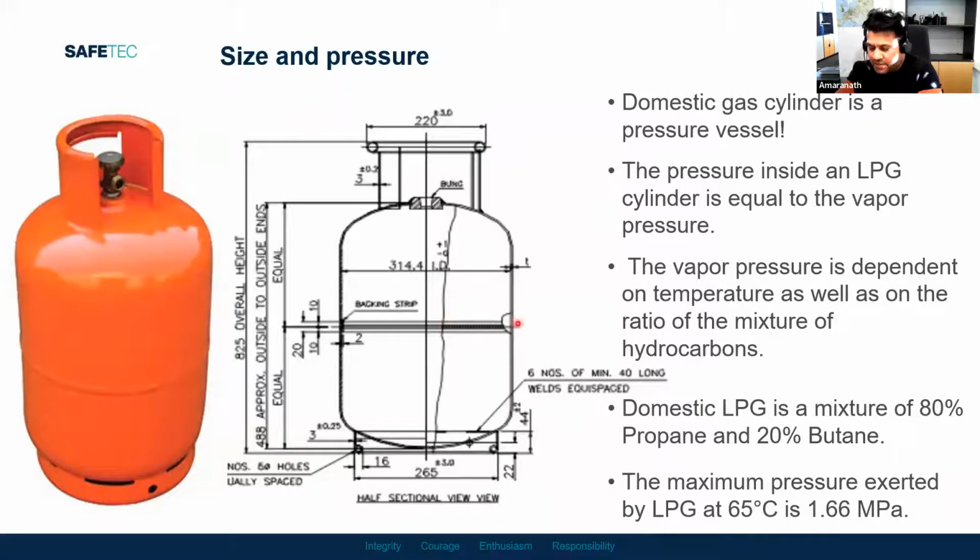Vapor pressure of course depends on the temperature and also the mixture of the hydrocarbons. In Sri Lanka, we used to have a mixture of 80%, sorry, I think it should be the opposite, 80% of butane and 20% of propane, and the pressure can be as high as 16 bar if you increase the temperature to 65 degrees.